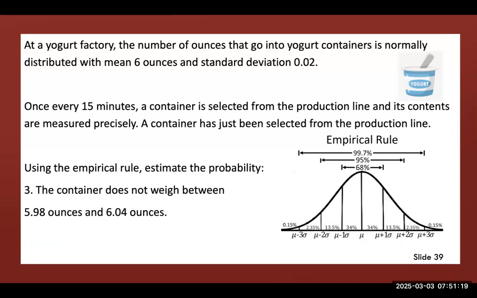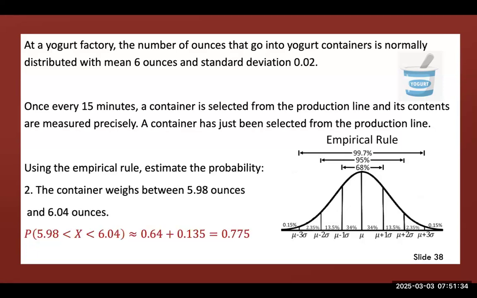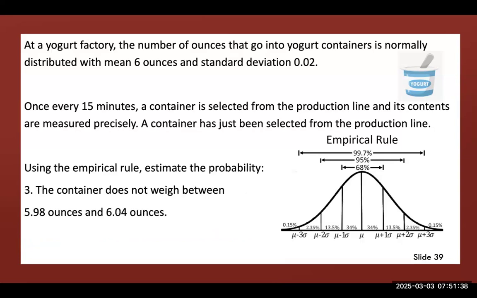If a container has just been selected from the production line, what's the probability the container does not weigh between 5.98 ounces and 6.04 ounces? Our last example was the probability it does weigh between these two numbers. Now we're asking for the probability it does not.